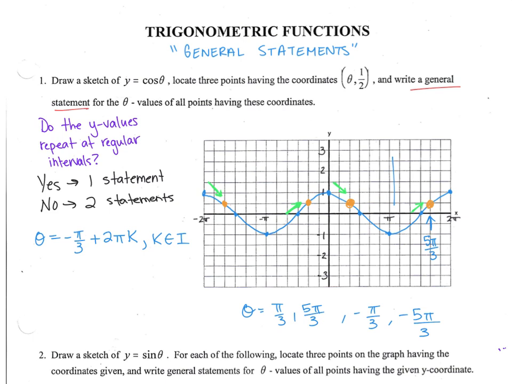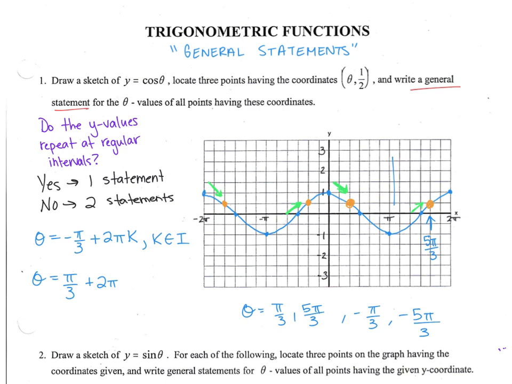So for this one where I'm falling to my y value of 1/2, maybe I pick pi by 3 for theta. So I can say theta is equal to pi by 3. When does it fall to a y value of 1/2 again? Well, it has to take a full rotation in this case, so I have to write it as 2 pi.